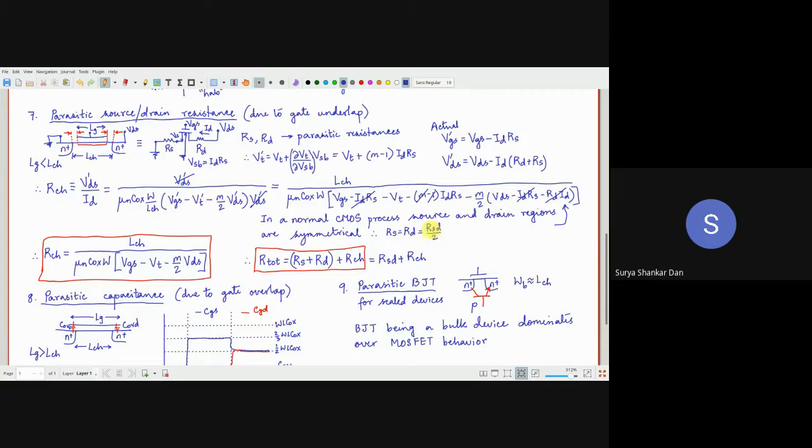Let us call it RSD by 2, where RSD is the total parasitic resistance. Instead of RSD, let me call it RP or RPAR, that means parasitic.